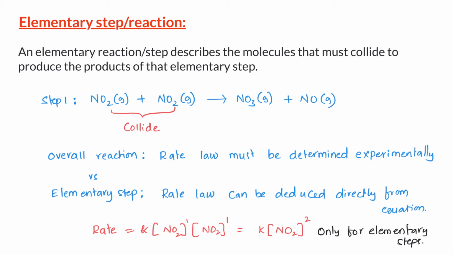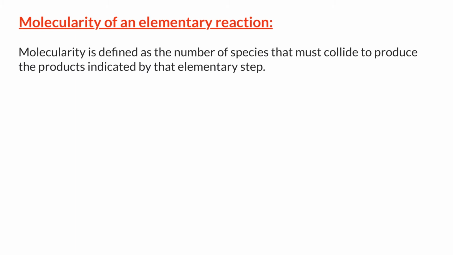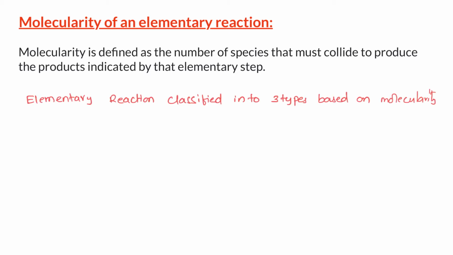We use a term called molecularity to describe elementary reactions. Molecularity is defined as the number of species that must collide to produce the products of the indicated elementary reaction. Based on the molecularity, elementary reactions can be classified into three different categories. 1.